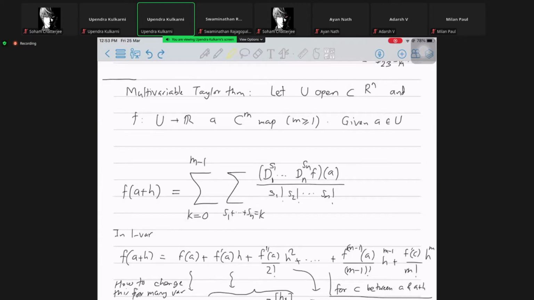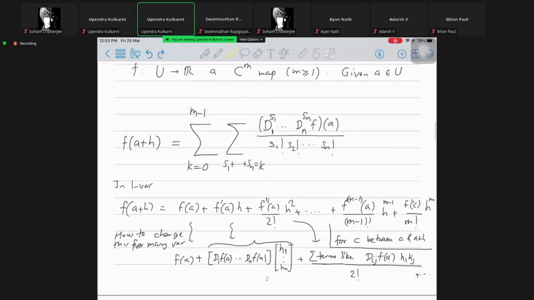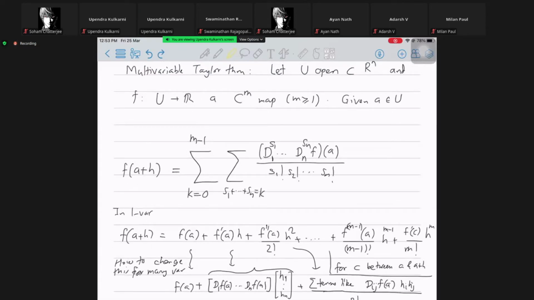But what will this get multiplied by? Look below. D^s of F evaluated at A, that gets multiplied by, for each, yeah, correct. So tell me. It should be h1 to the power of s1, all the way exactly. The number of times I'm applying d1, then h1 will contribute to the correction in that direction, right?